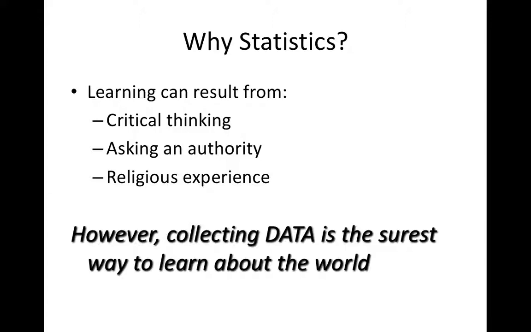However, I would argue that collecting data, doing a scientific experiment, is the surest way to learn something about our world, something that we don't know. If we want our decisions guided by the best information available or the best methods available, I would argue that collecting data and conducting scientific experiments is the best way.